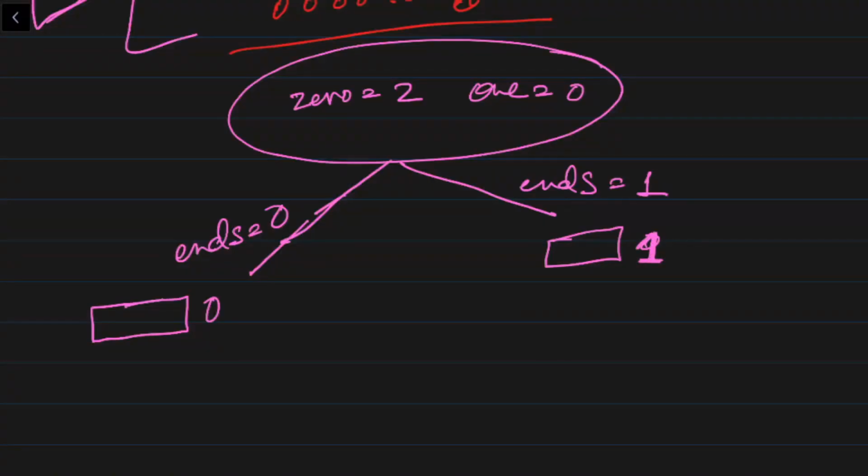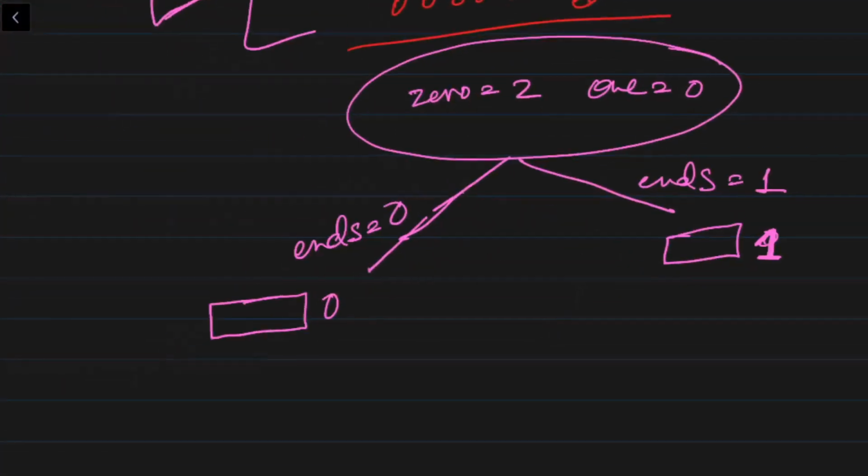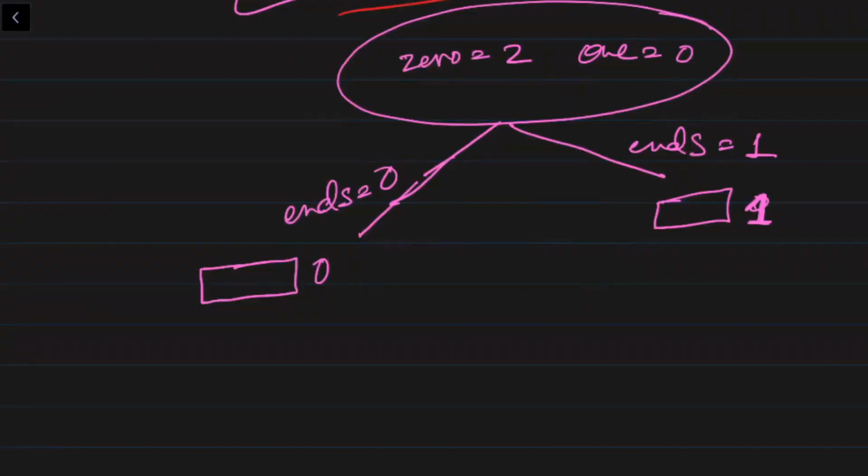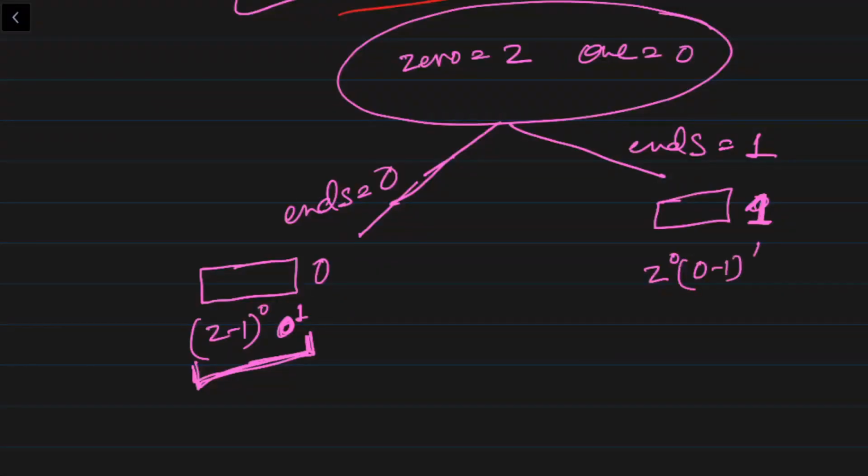So whatever combination we have before, let's say for z minus 1 zeros and o ones, ending with 0, right? And we have ones, whatever combination we have, that's going to be the answer. And here, whatever combination we have for z zeros and o minus 1 ones, that is my answer, right?